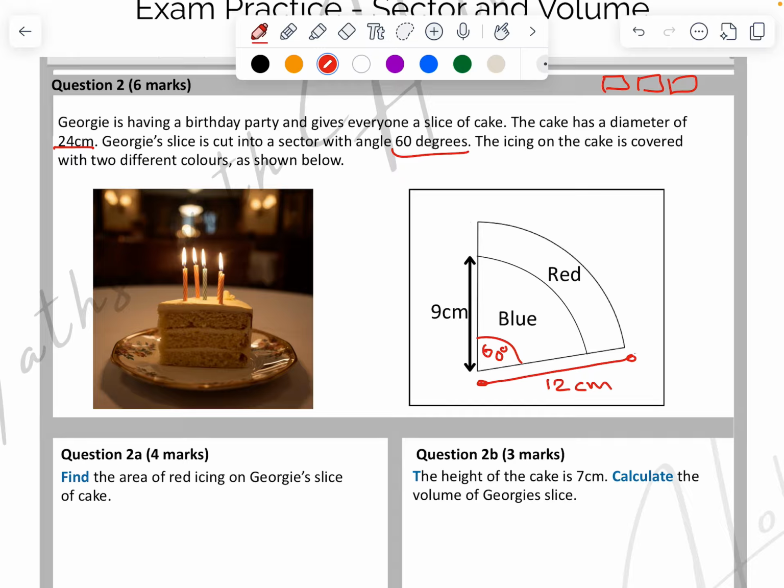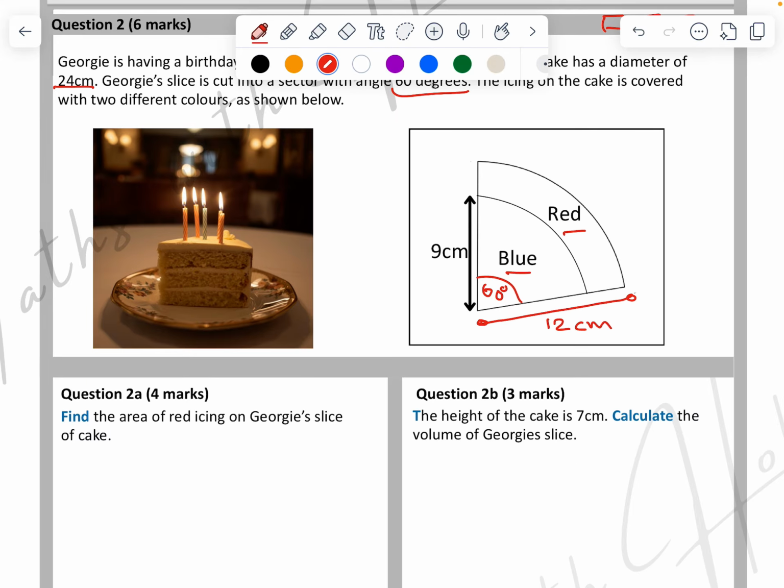And it says the cake has 2 different colours of icing, which is blue and red. So let's actually read the question. It says, find the area of the red icing on the cake. The red section is just that top.